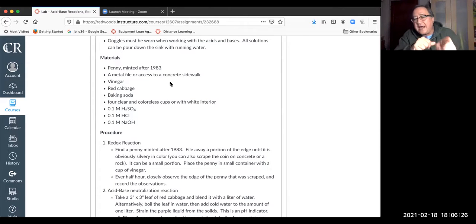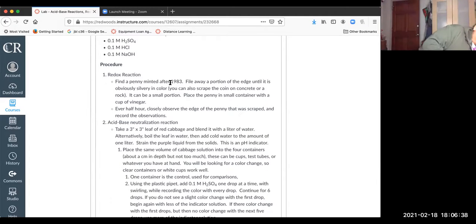The 0.1 M H2SO4, the 0.1 M HCl, and the 0.1 M NaOH. That comes in your little packet for the acid-base reactions. Okay, so for the redox reaction, you're going to need a penny minted after 83. So here I have a whole bunch of pennies, and I'm going to change my share in just a moment so you can see what I'm doing to the penny.